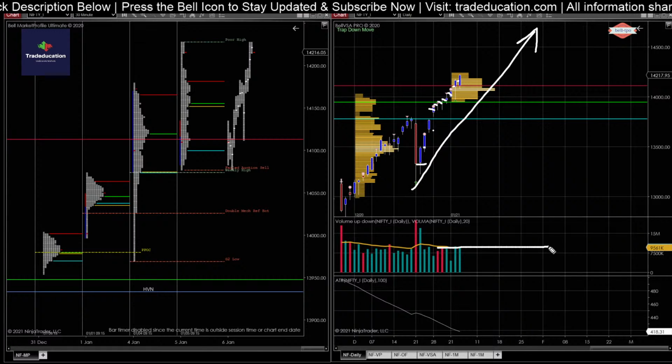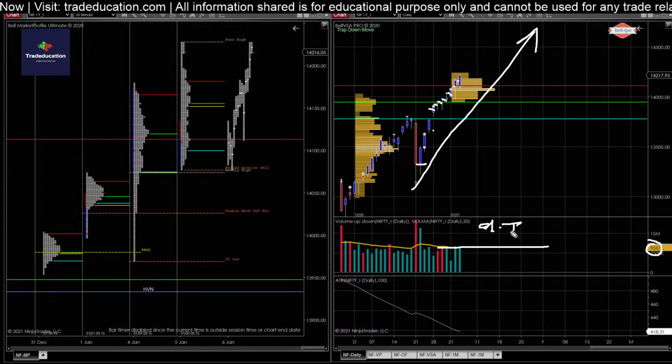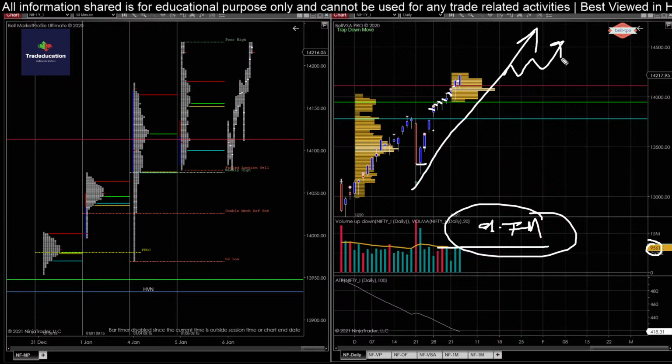Volumes are also decent enough, around 9.7 million contracts traded, or 97 lakh. So pretty good volumes are coming in the auction. It means that as the auction develops higher, the prices are getting accepted.